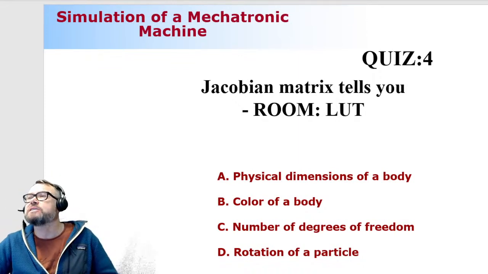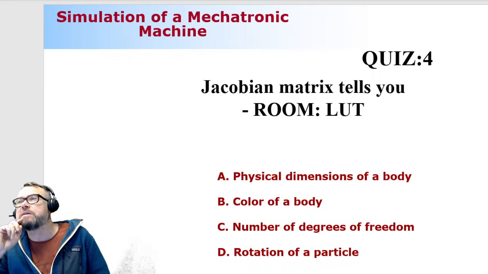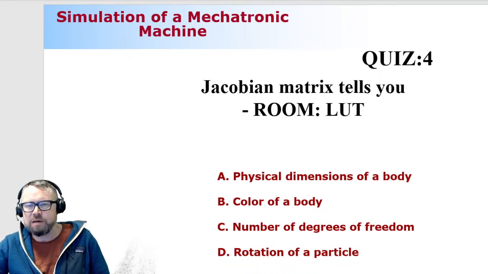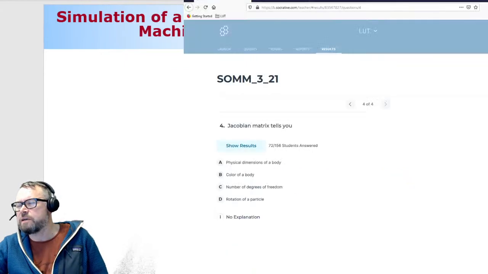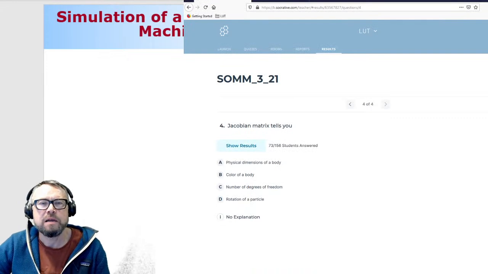We have 67 answers already, 70 answers already, so 71. So I'm good to take a look at the results of the in-class quizzes. So here it is. And the game is on, so there's a number of answers or votes for 100%.